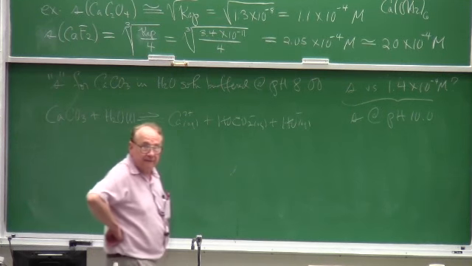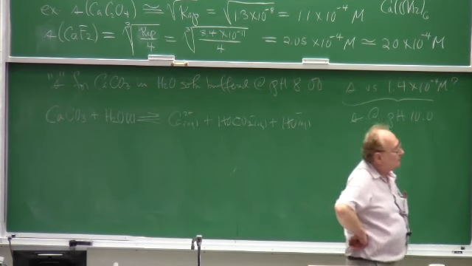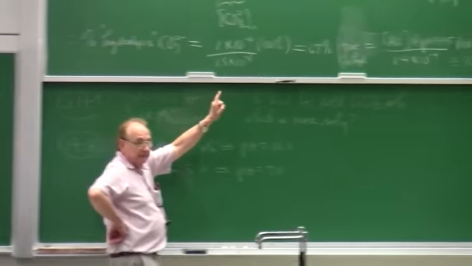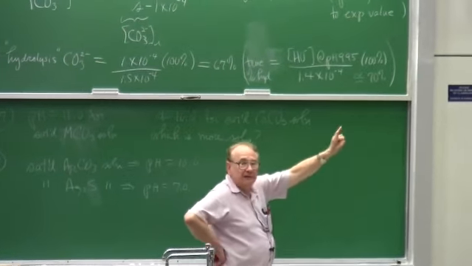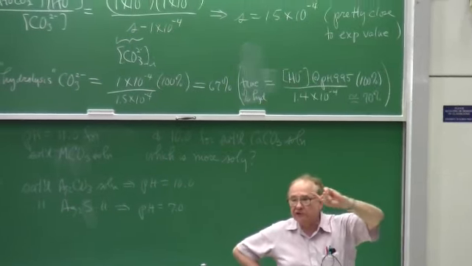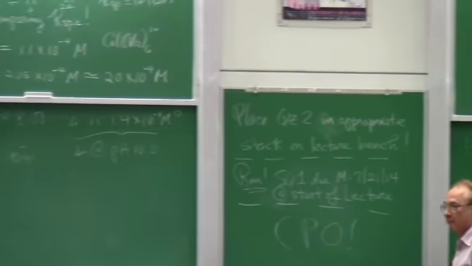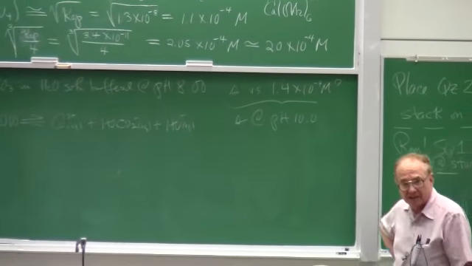How can I state that flatly? Here we are in deionized water, where we got a pH of 10, right? And we found a hydrolysis extent of carbonate ion, which is 70%. So the bulk of the carbonate ion went away.